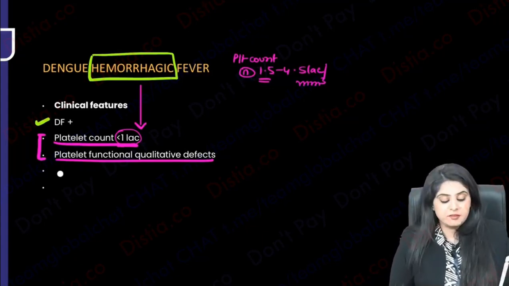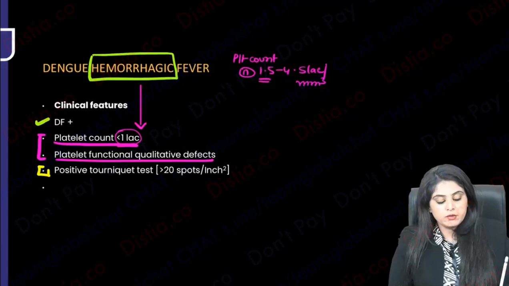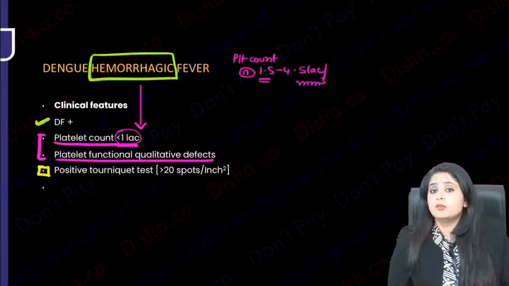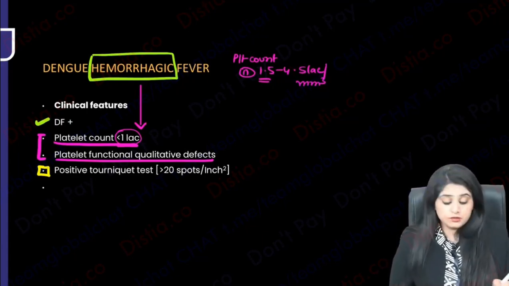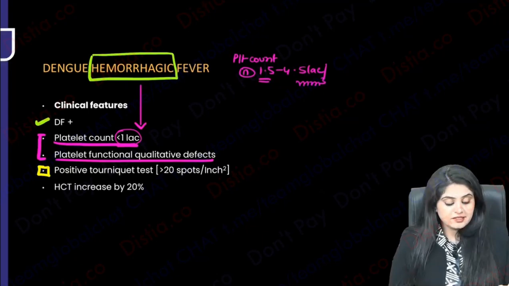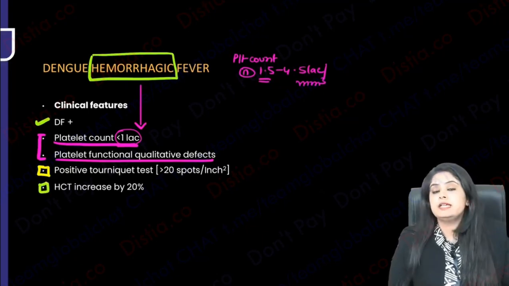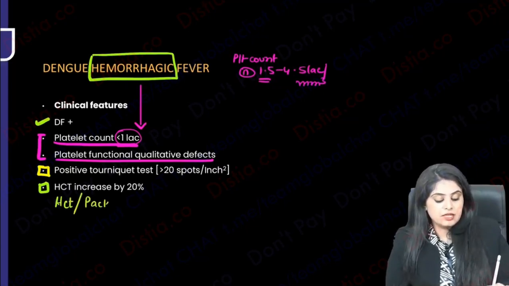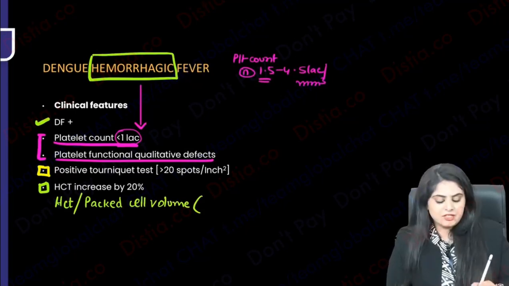And also there's a very famous test. We know there's a tourniquet. If you tie a tourniquet, there are going to be hemorrhagic spots noticed. So positive tourniquet test. Also please note, there's another test that we do, that is hematocrit increase by 20%. So what is hematocrit? Hematocrit that you study in pathology is the other name for a packed cell volume, and that has a normal. If I give you a normal male female average, normal is roughly around 45%.